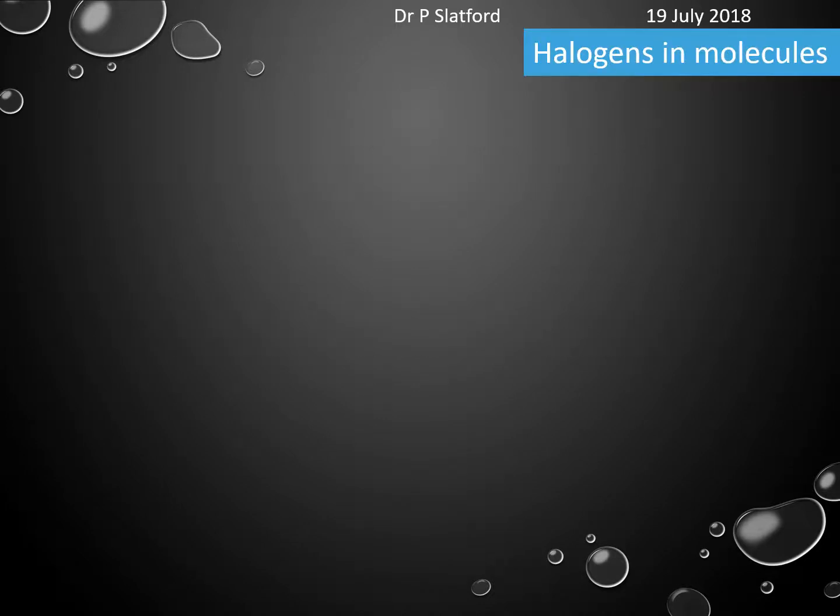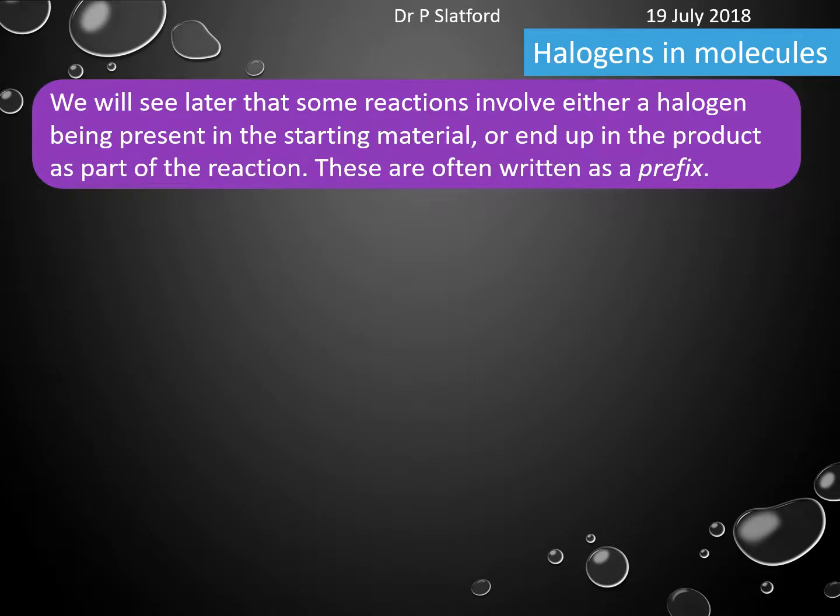So one thing that we haven't talked about is halogens in molecules, and there are many organic molecules with halogens in them, and they either are there because you started off with the halogen in the starter material, or you're doing some sort of reaction that puts a halogen in the molecule by the end. So we need to know how to name them. So what we do is we generally write them as a prefix.